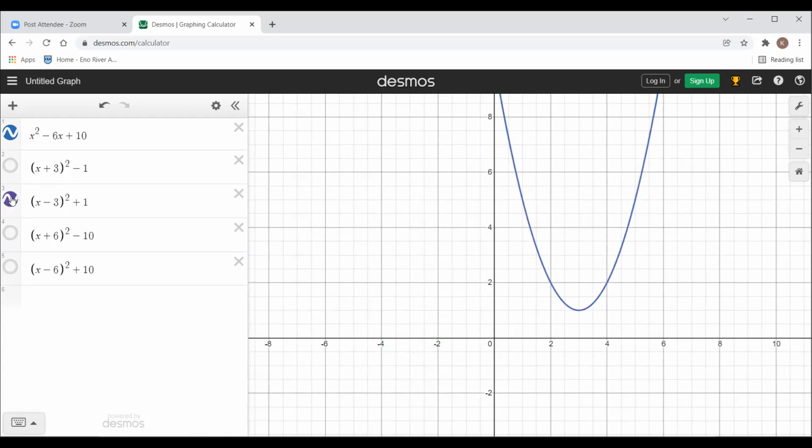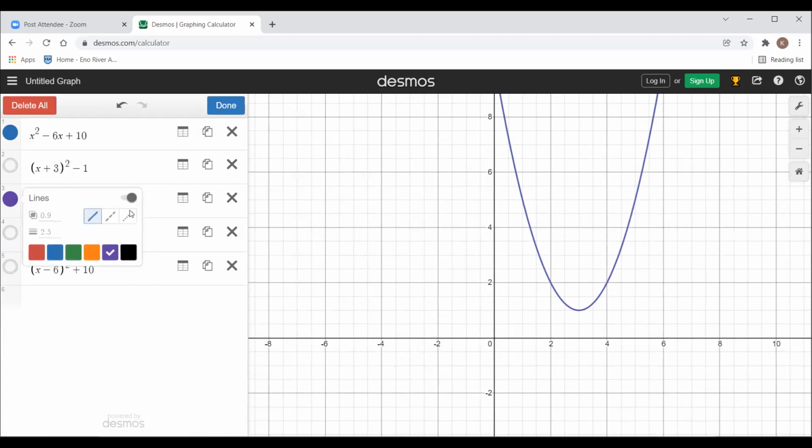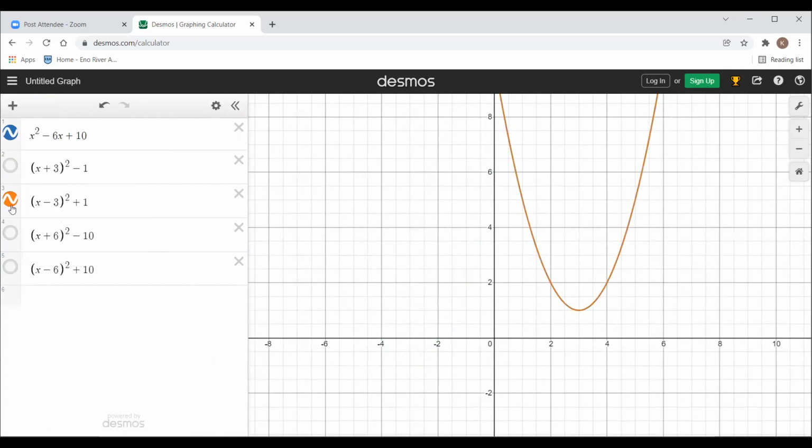It's always the second one, and my color's all wrong. I'm gonna change my colors. Oh, I need to change my color and make it orange. Done. Okay. So now, see, it's the second one. Those are the same. We can actually see them now. Okay. So we've done 18. Let's go ahead and do 19.